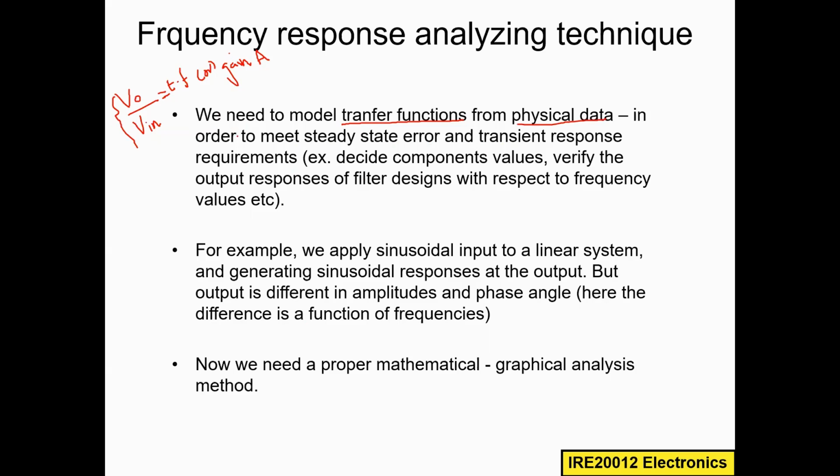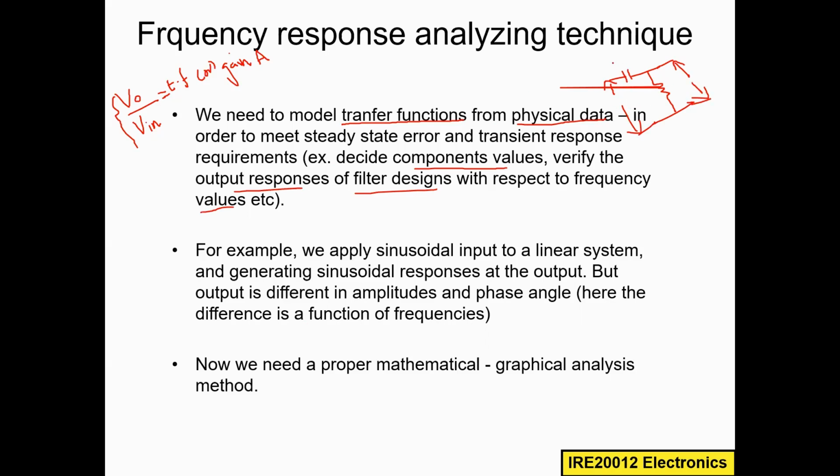So this really helps us decide component values and verify the output responses of filter designs with respect to frequency values. So remember, even in the frequency case, we use a high pass filter or low pass filter. We have some kind of capacitor, some kind of resistor, and we apply the input here and get the output here. This is just one simple example of an analog electronic circuit.